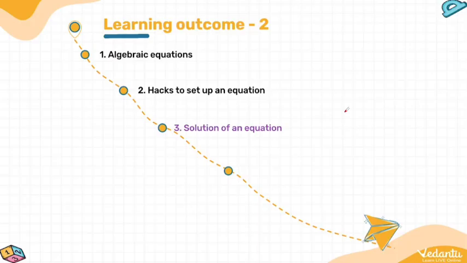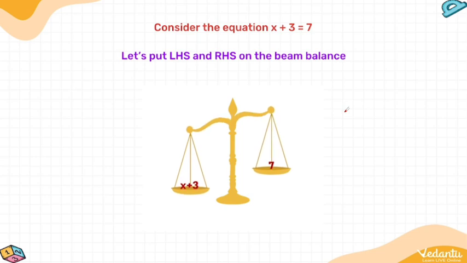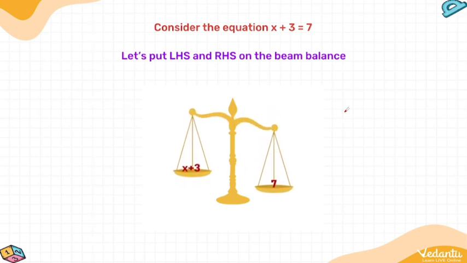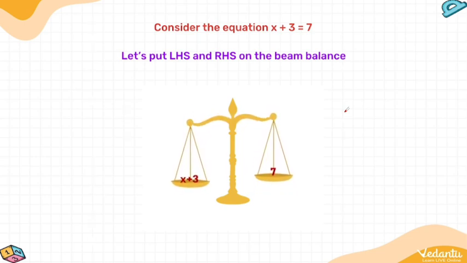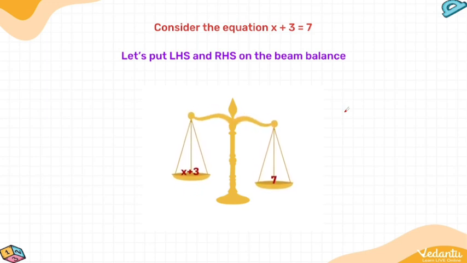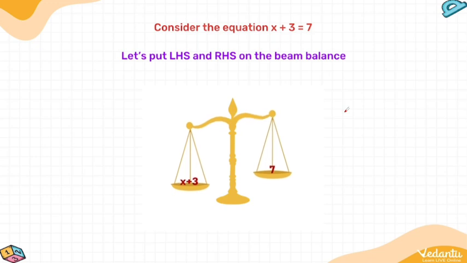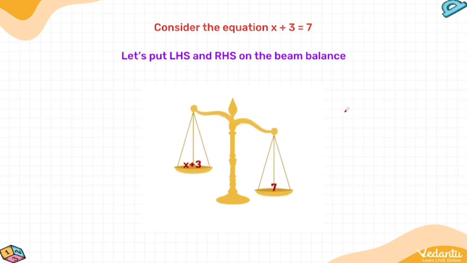So let's look into the second part. That's solution of an equation. Now what does this solution of an equation means? So suppose we are considering an equation x plus 3 equal to 7. Now on the left hand side and on the right hand side of a beam balance, we are making it equalize.